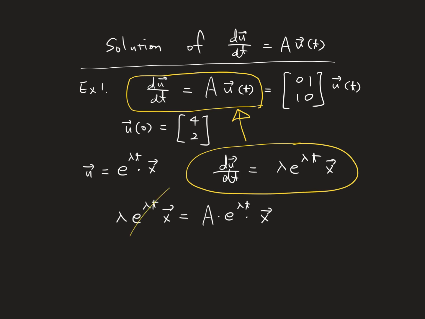So we cancel out this vector and this vector, and what we have is λx equals Ax.